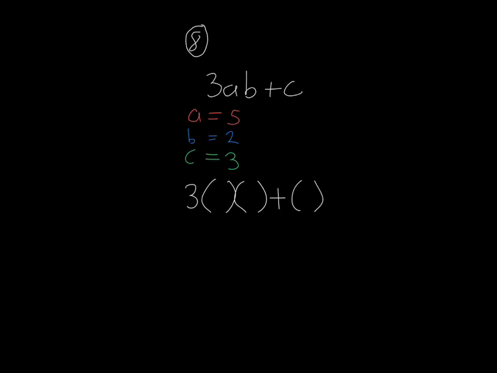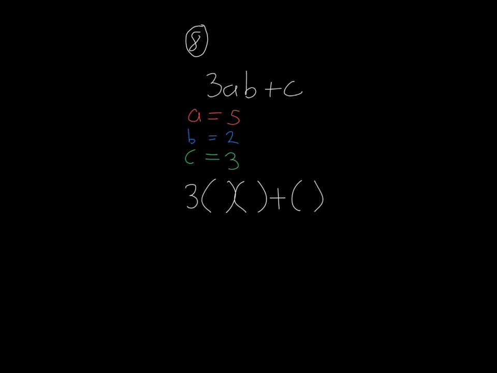For question 8, we are given the expression 3ab plus c. And we are told that a equals 5, b equals 2, and c equals 3. And we are told to simplify that. Right, so next, what we need to do is substitute in each of these values.